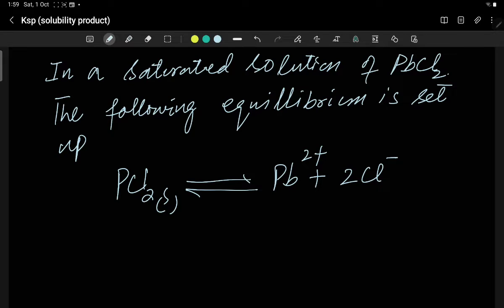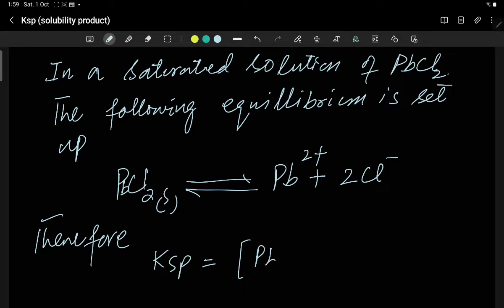Therefore the solubility expression is Ksp is equal to the concentration of lead ion and the concentration of Cl negative ion raised to the power 2. So this is the expression of solubility product.